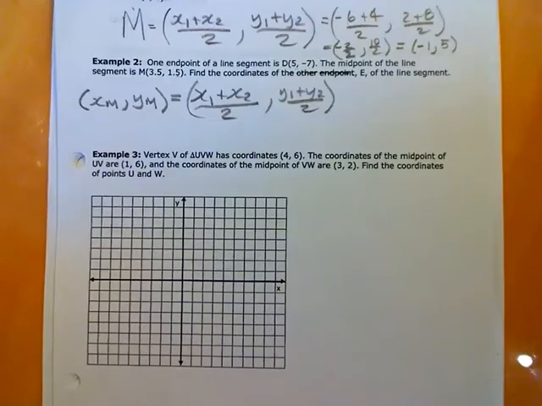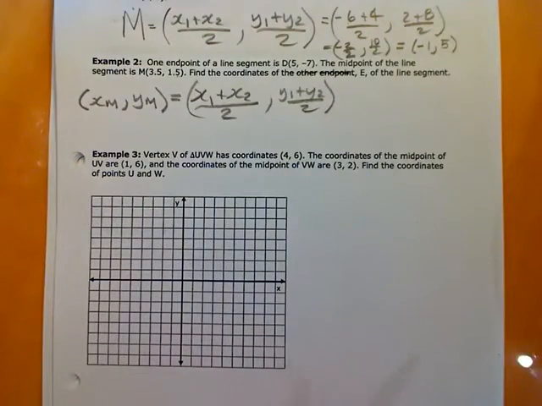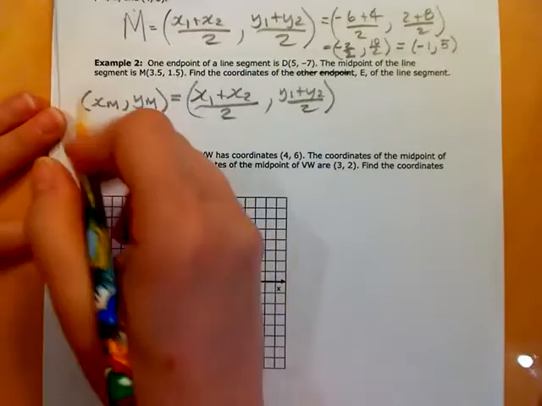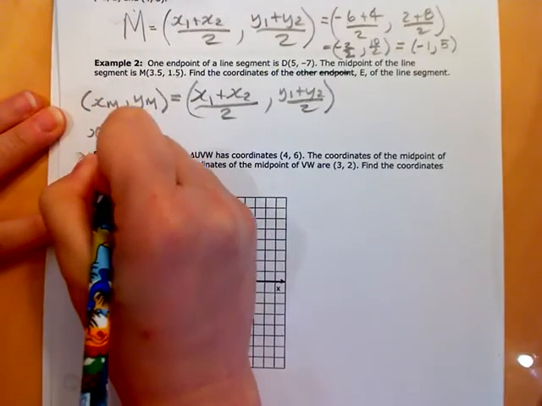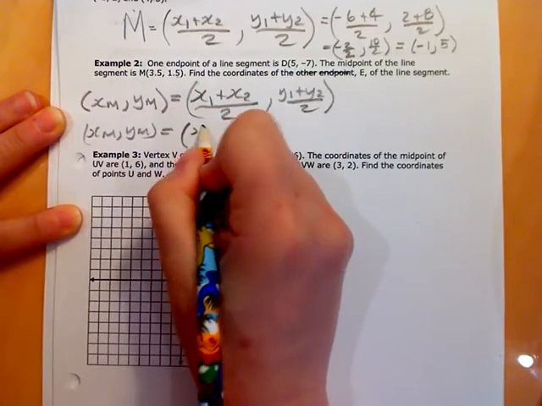So I'm literally going to erase and fill it in to show you how to do this. I'm going to write it again, and then I'm going to fill it in.